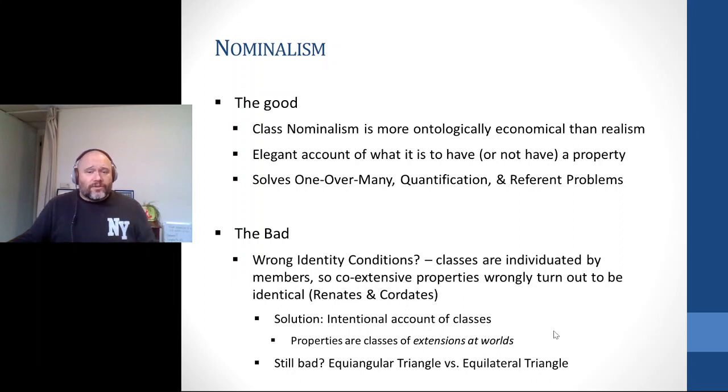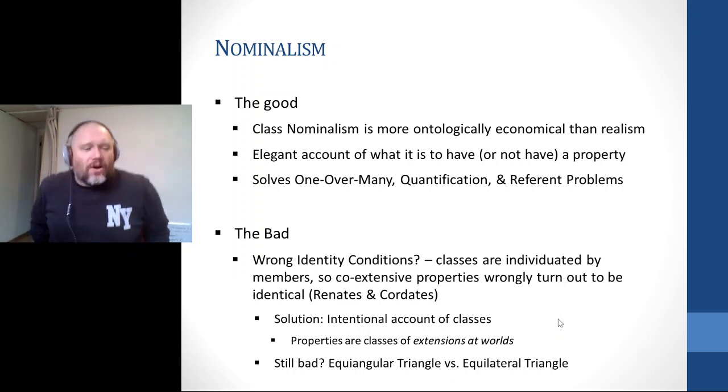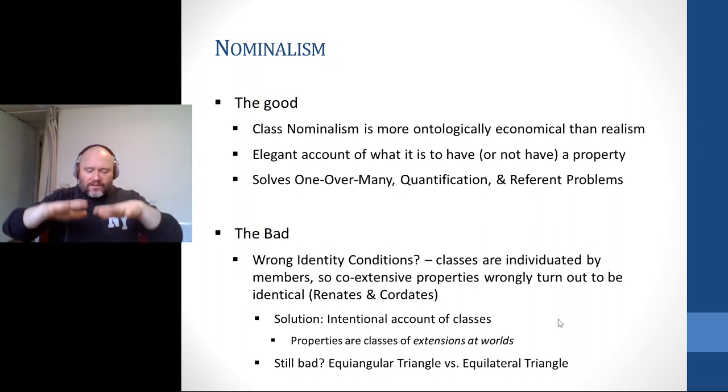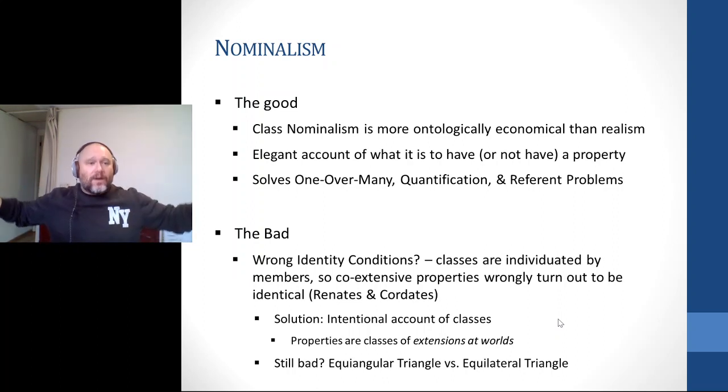So the solution, the way to move from this, is instead of thinking about just extensions, that is, what members actually are in the set, we think about what we'll call intensions. Intensions are where we think about not just extensions in single worlds, but extensions across all possible worlds.